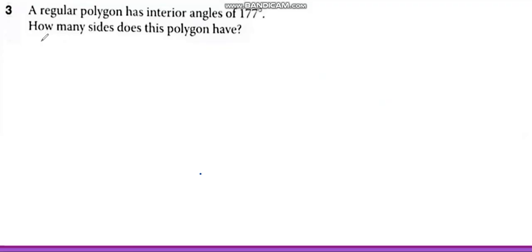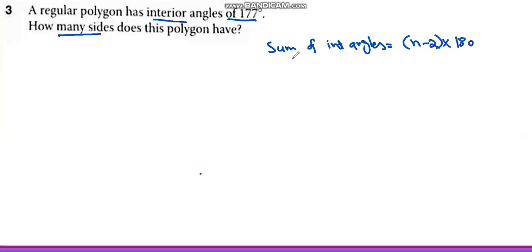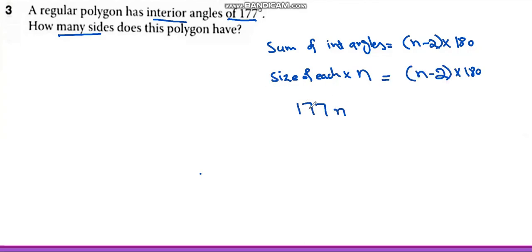In question number 3, again, they want us to find the number of sides if the size of each interior angle is 177 degrees. We can use the same strategy: the sum of interior angles equals n minus 2 times 180, but we represent the sum of interior angles as the size of each angle times the number of sides. So we put the size of each angle, 177, and it will be 177n equals 180n minus 360.